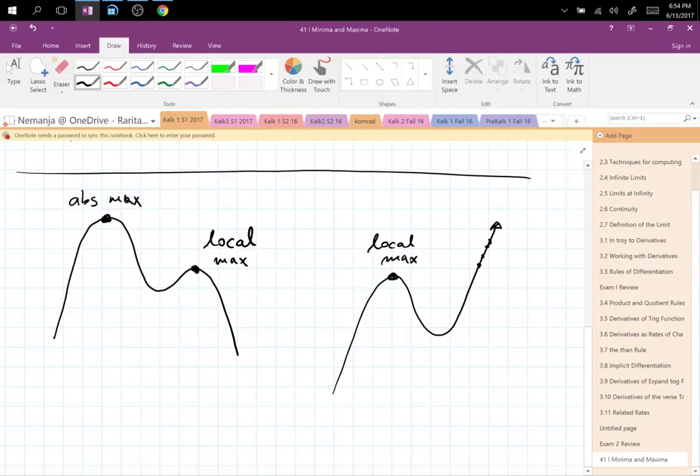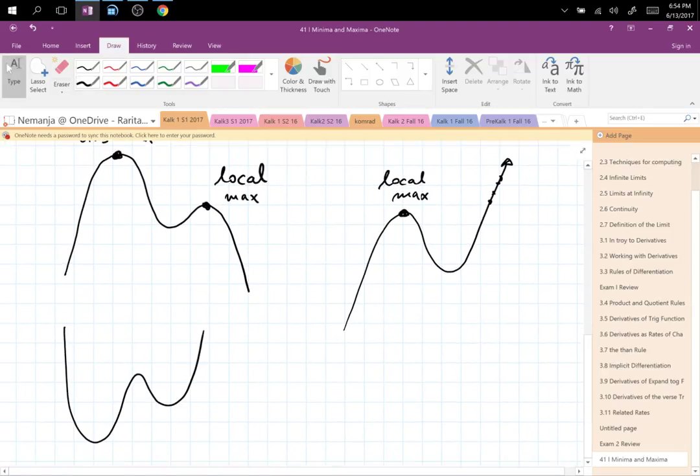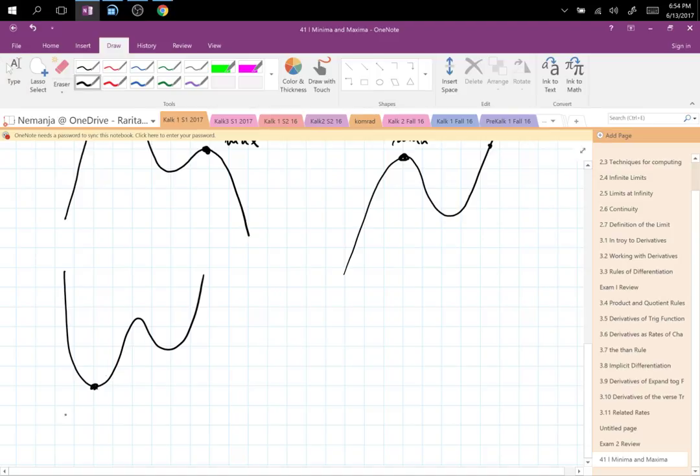So in order for something to be absolute min or absolute max, it has to be the highest point, the highest y value of all y values, or the lowest y value of all y values out there. So here is the similar idea for absolute min, local min, and over here we also have a local min.